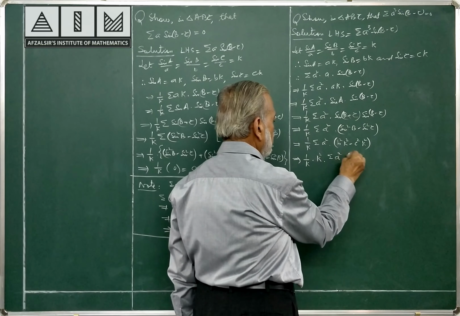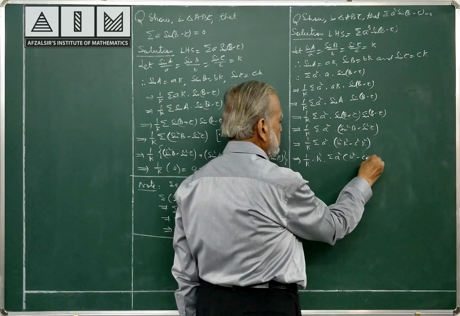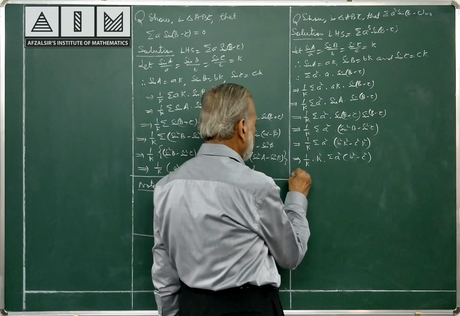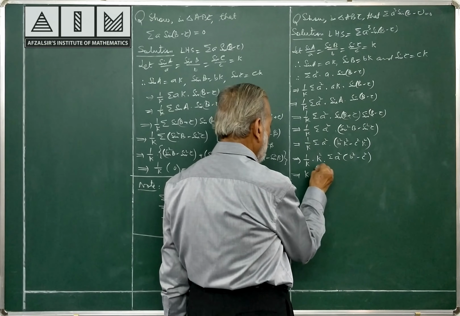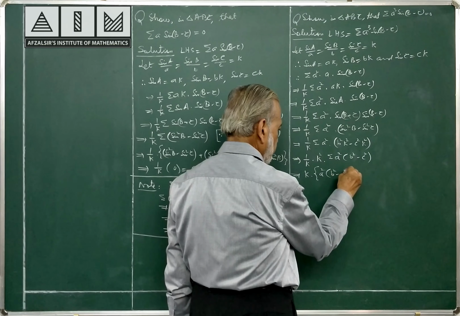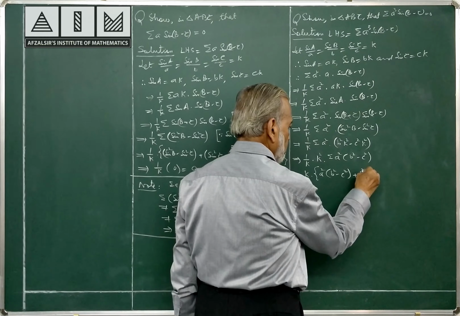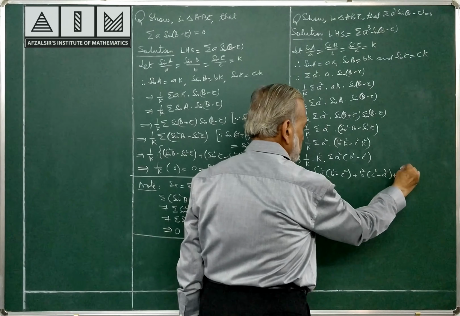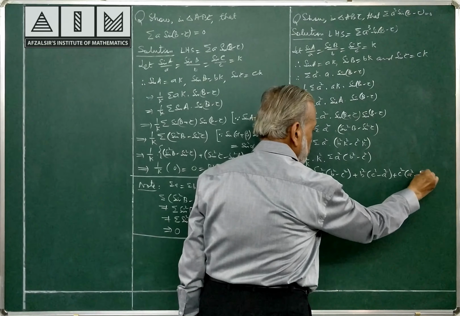Sigma a square into b square minus c square. Opening sigma as before, as usual, a square into b square minus c square plus b square into c square minus a square plus c square into a square minus b square.